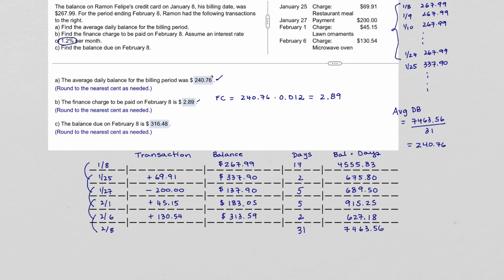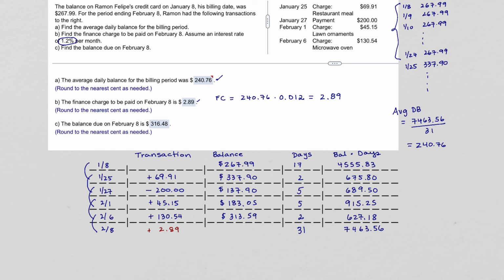And so now what is the balance due on February 8th? So I'm going to add that finance charge that we just calculated, $2.89, and add that to the $313.59.